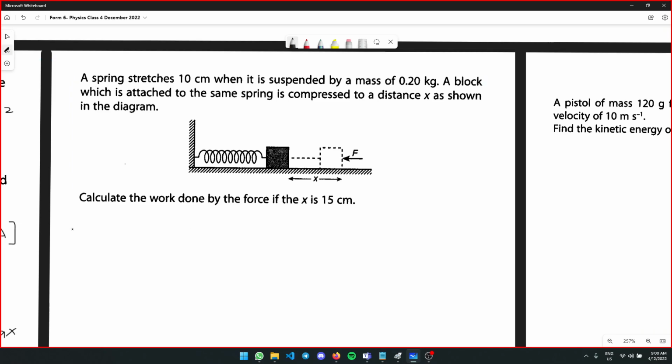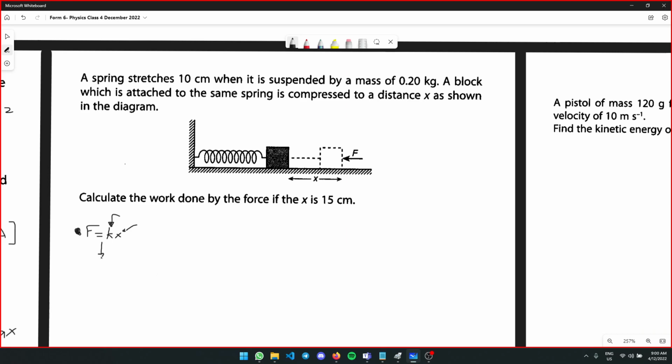So here it still comes back to your Form 5 physics. F equals to K, the force constant, and also the distance. F equals to Kx.